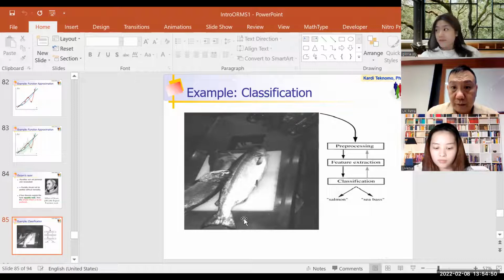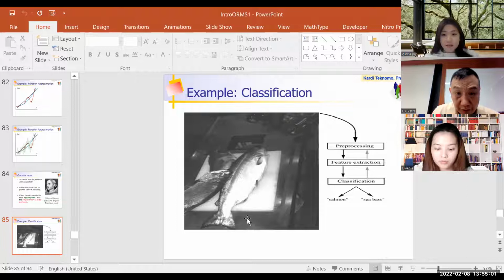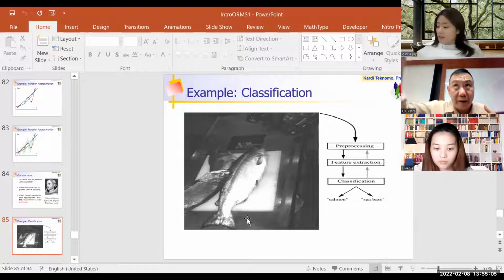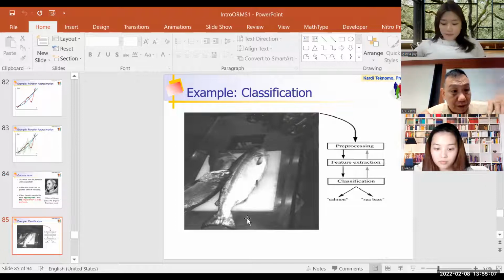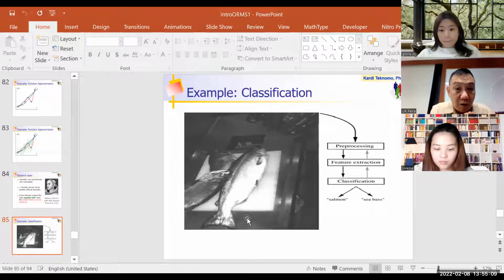So in classification, okay, this is another example of classification. You want to get whether this is a conveyor belt, okay, and then the fishes are passing through the conveyor belt. We want to know whether this is salmon or sea bass. Okay.